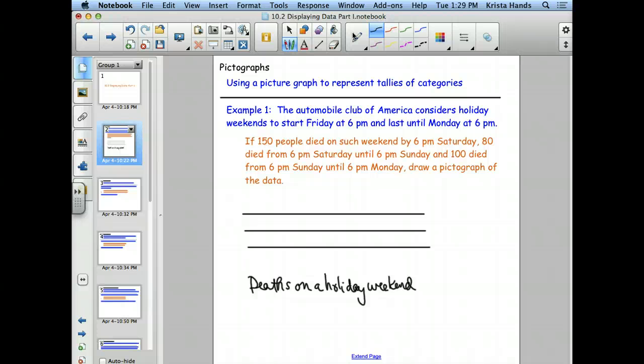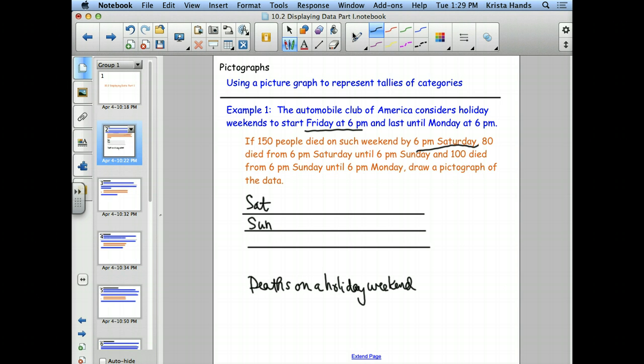There's different descriptions here. One description talks about things happening by 6 p.m. Saturday, and notice it started on Friday at 6 p.m. So we're talking about from Friday 6 p.m. to Saturday 6 p.m. So I'm going to call that Saturday. I'm going to use the ending description as my describer for the different parts. And then we have from Saturday to Sunday, so I'm going to call that one Sunday.